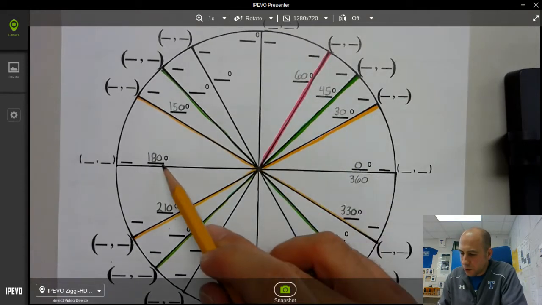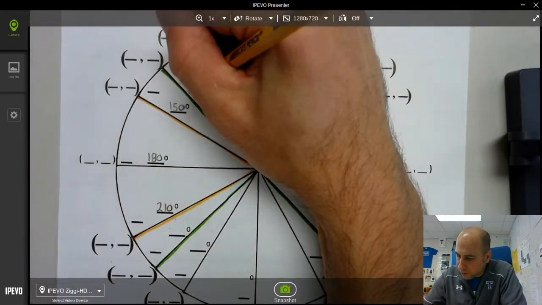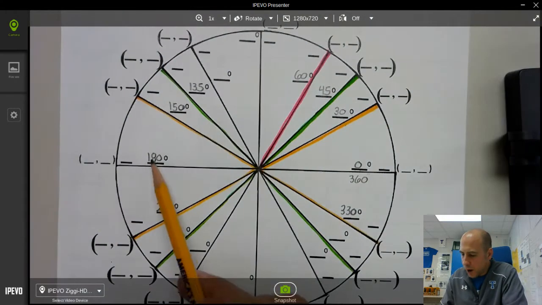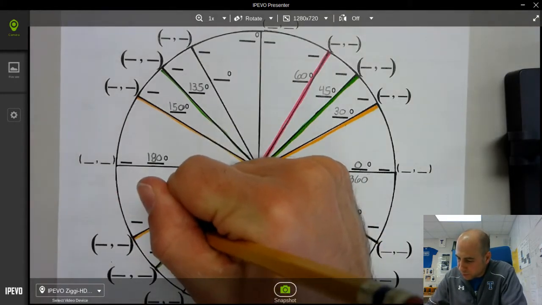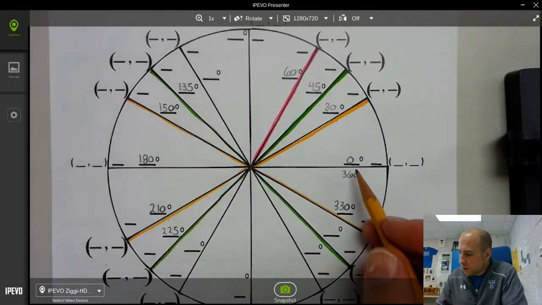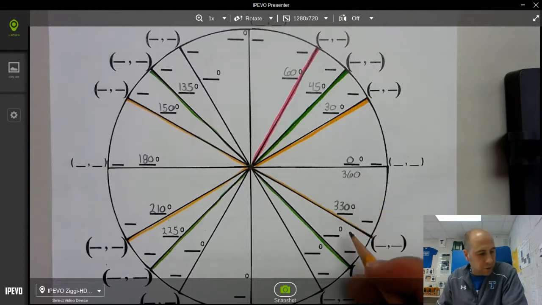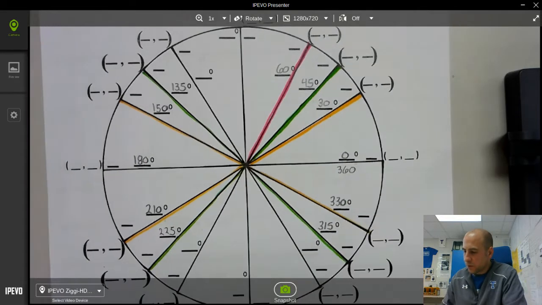So referencing here, we go from 180, subtracting 45 degrees, so that is 135 degrees. Now here we're adding 45 degrees, so that's 225 degrees. And then here, referencing 360 minus 45, which is 315 degrees.